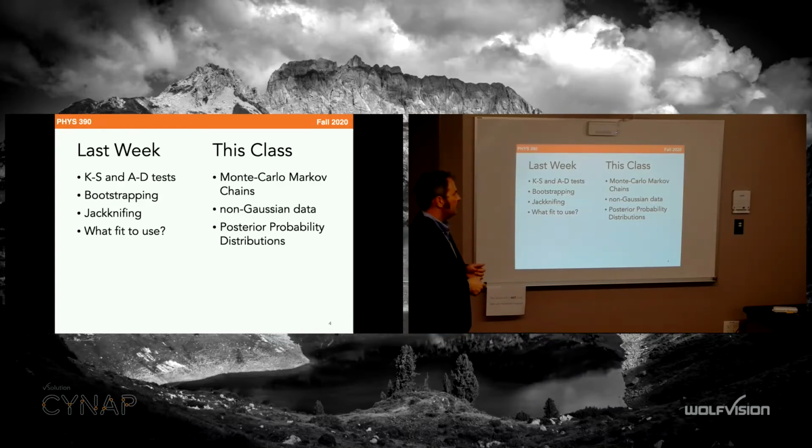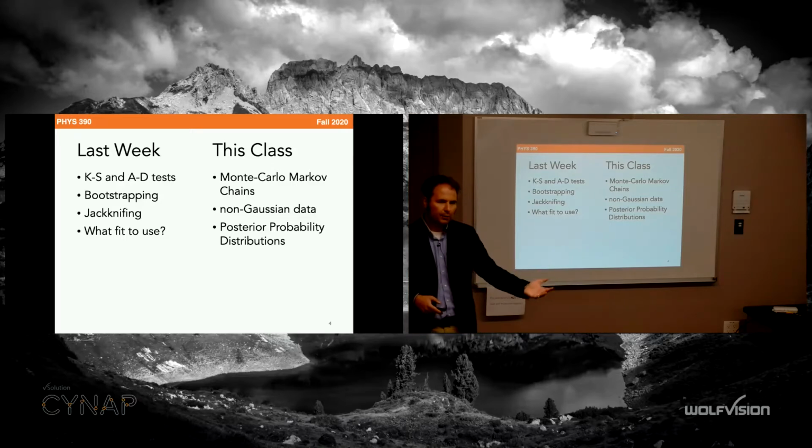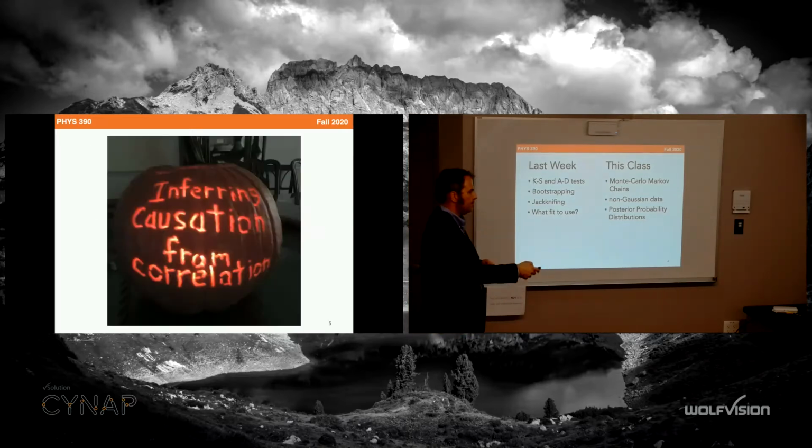But what happens if you have non-Gaussian data and you want a posterior distribution? So we're going to talk about a technique called Monte Carlo Markov chains. That's a natural progression from bootstrapping, from jackknifing, from going through chi-square, going through the chi-square parameter space.